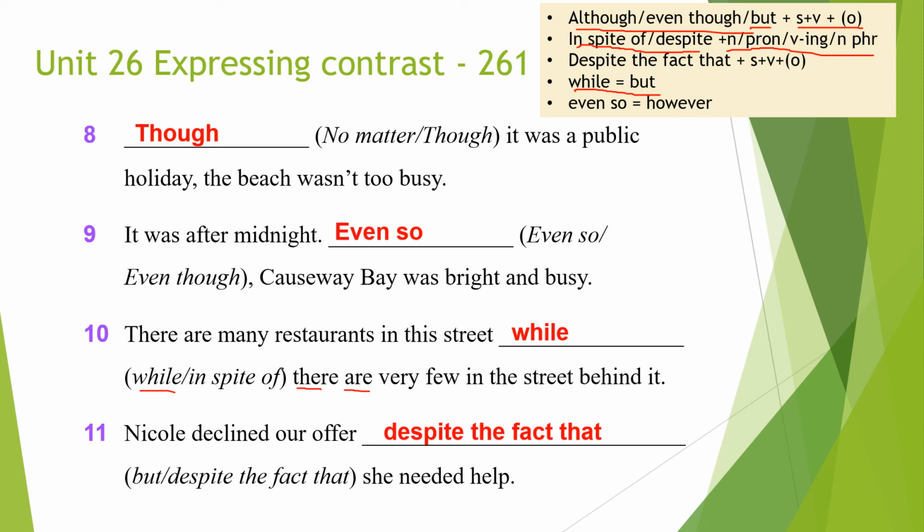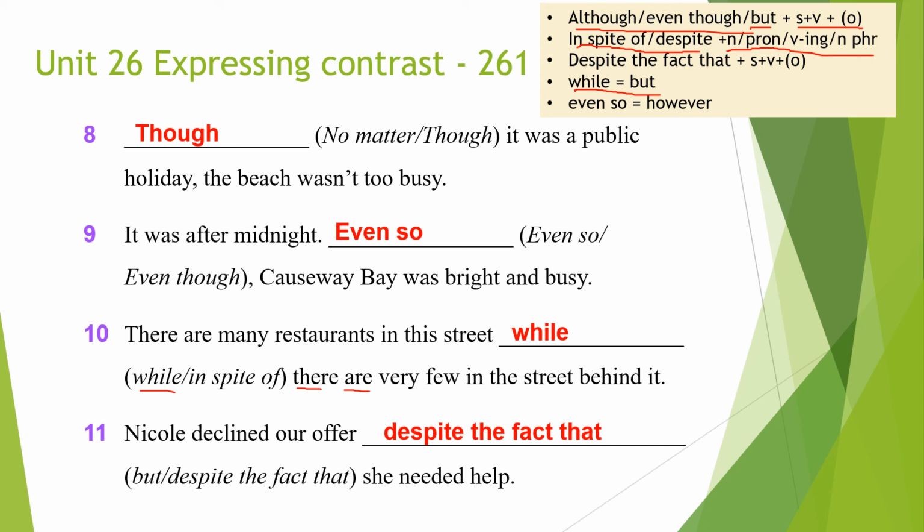"In spite of" or "despite" is followed by a noun, pronoun, gerund or noun phrase, but here we have a subject and then a verb. So it must be "while", because "while", which means but, is followed by subject, verb, object. So the answer must be "while", followed by subject and verb, and object in this case.